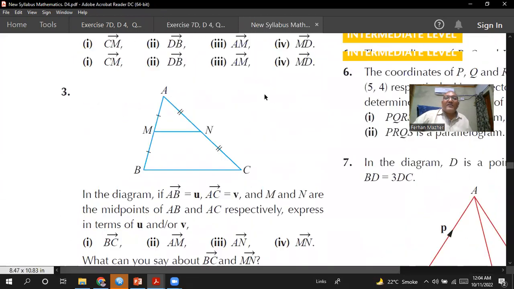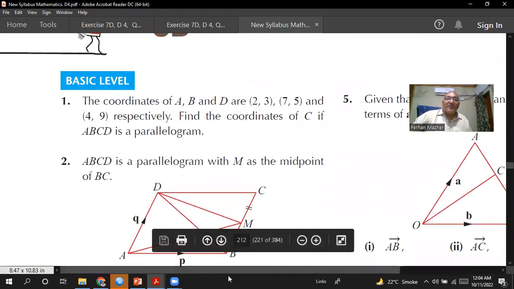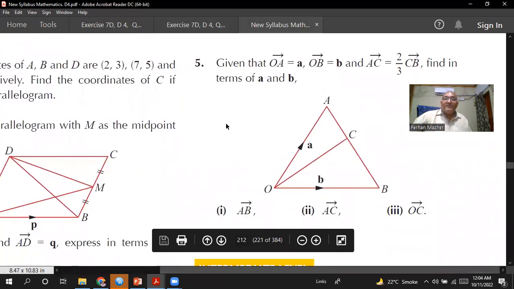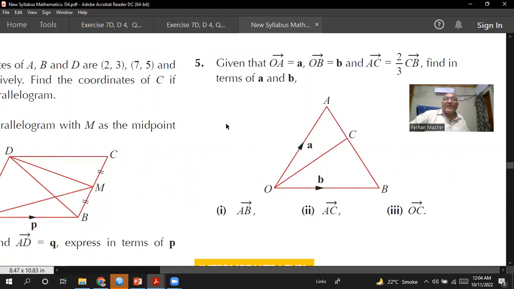Okay, so we are going to the next question. The next question coming up on your screen is question number 5. Given that OA is equal to a, so from O to A is a, O to B is b, and AC is 2 by 3 of the CB.